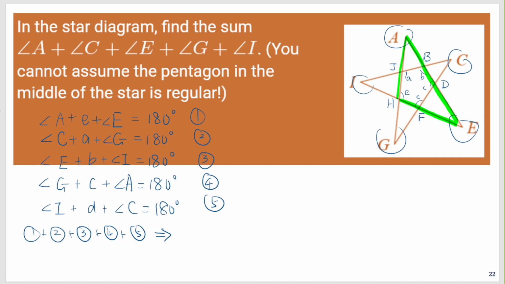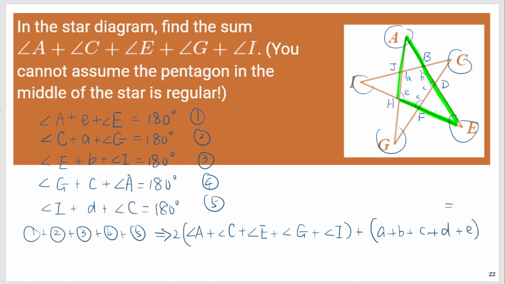This will give us twice angle A plus angle B, twice angle A plus angle C plus angle E plus angle G plus angle I, and plus A, B, C, D, E, right?